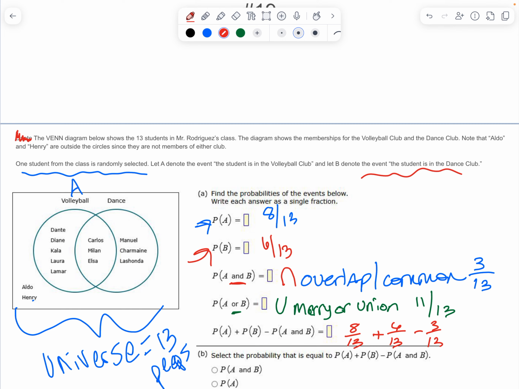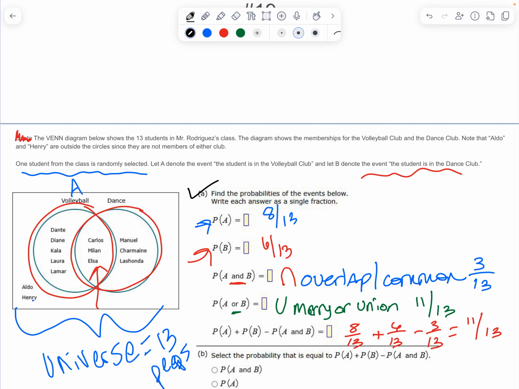They're saying they're going to take everybody here plus everybody here and add them together. But if you do that, you have to make sure you subtract out this middle portion here. Otherwise, you're double dipping. So 8 plus 6 is 14, and then 14 minus 3 gives us 11 out of 13 chances. So that was part A.